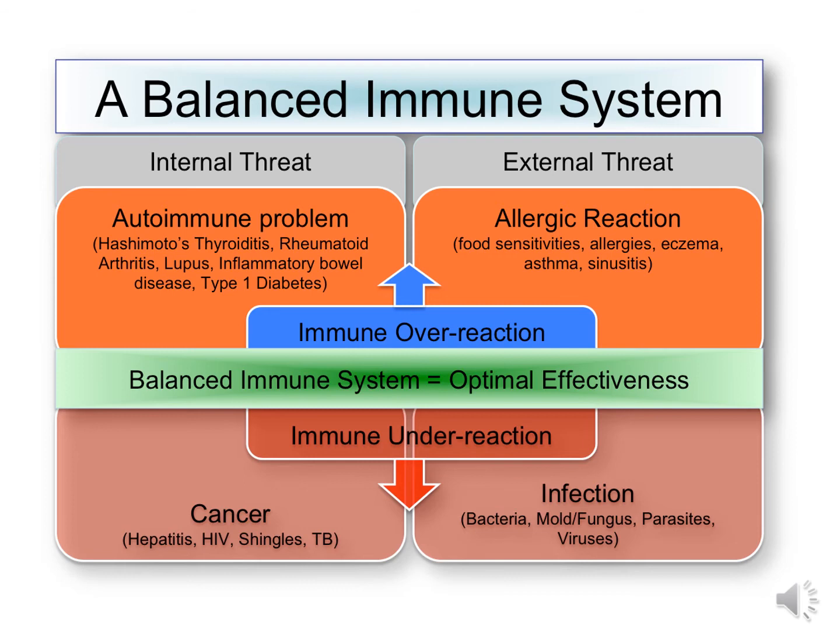So what are the overreactions? In case of reaction against internal organs or tissues, we see autoimmune problems, like Hashimoto thyroiditis, rheumatoid arthritis, lupus erythematosus, inflammatory bowel disease, and type 1 diabetes.